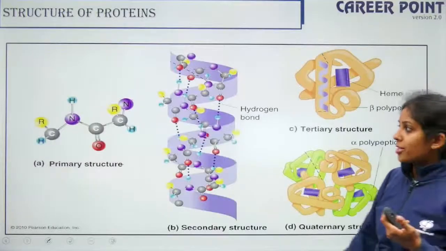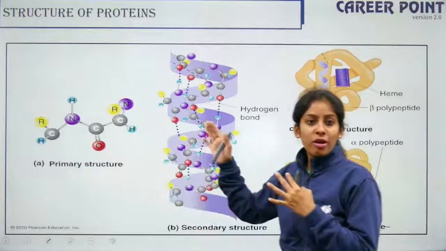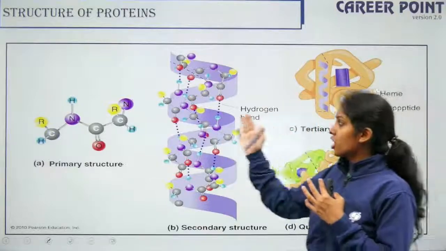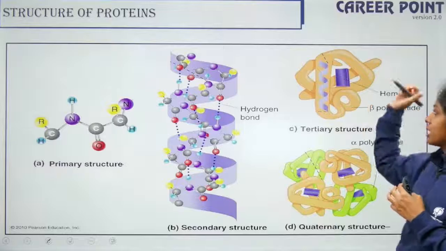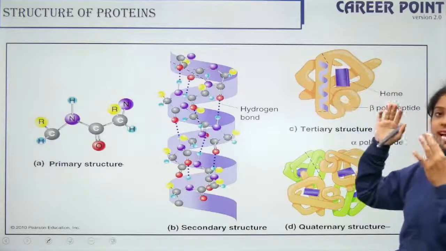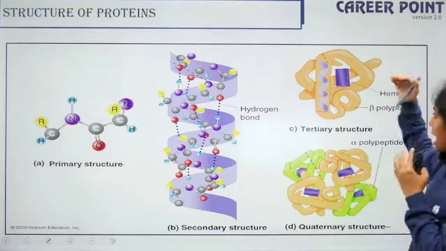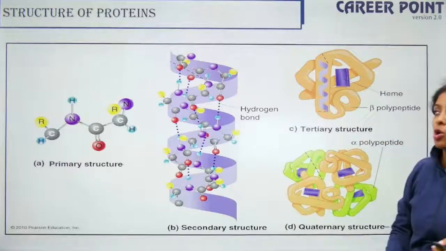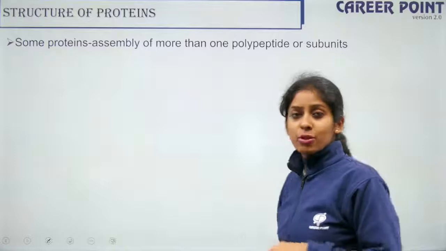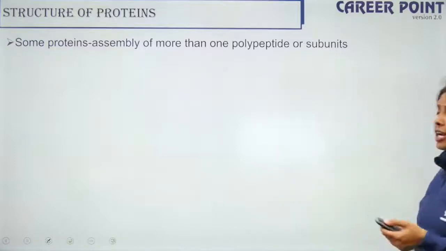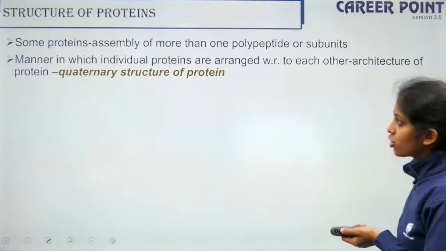So this is your primary structure, which gives you a sequence of amino acids. You have your secondary structure, which has a helix, right? And then you have your tertiary structure, which has many helices put together, and many subunits put together. You have the quaternary structure. Some proteins have an assembly of more than one polypeptide or subunit, so that is your quaternary structure.